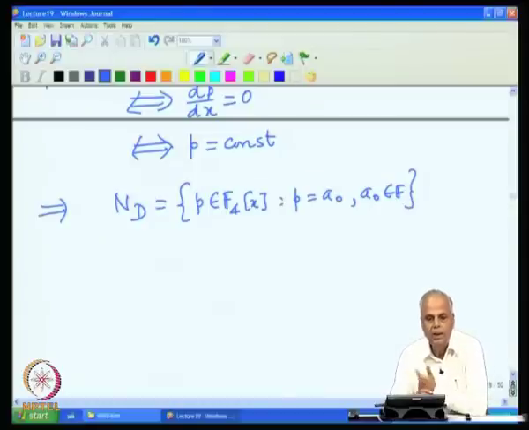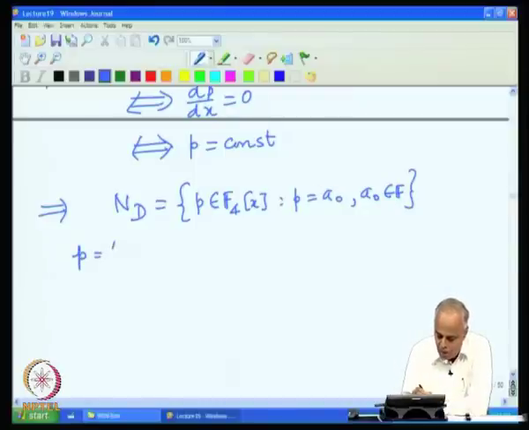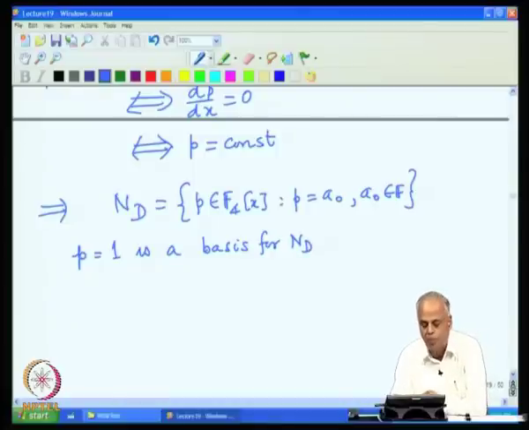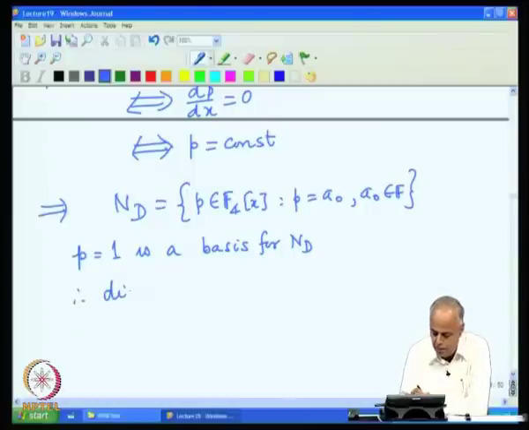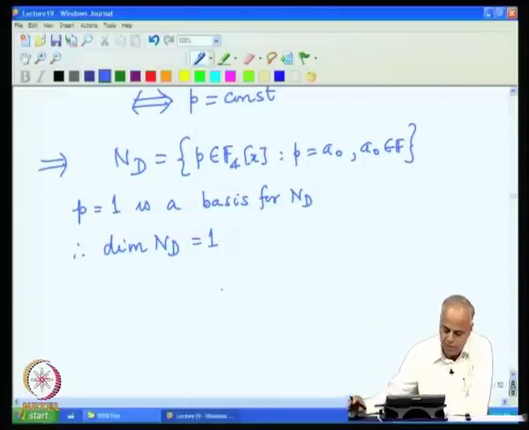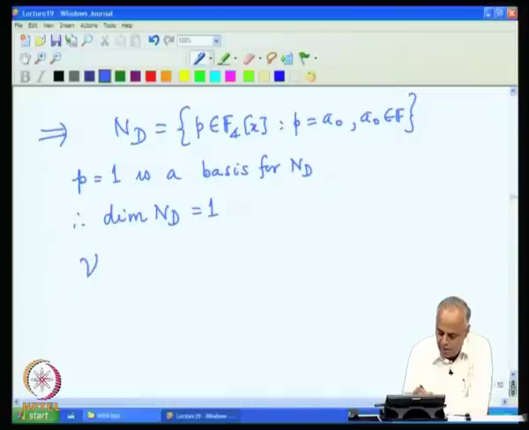Now, what is a basis for this space? Well, the constant polynomial 1 is a basis for this space. So, p equal to 1 is a basis for N(D) because everybody else is a linear combination. a_0 times p will get all the vectors in N(D), and therefore, the dimension of N(D) is equal to 1 because we have a basis consisting of one vector, and since the dimension of the null space is 1, the nullity of D is 1.